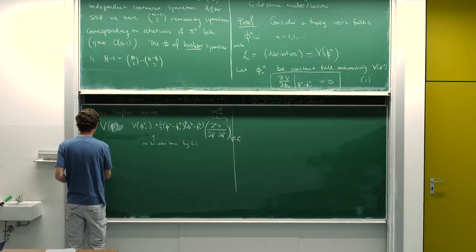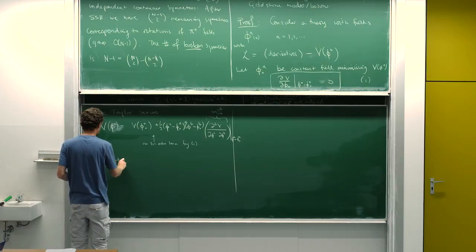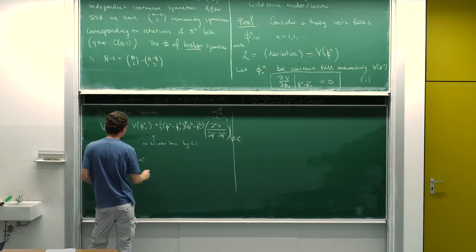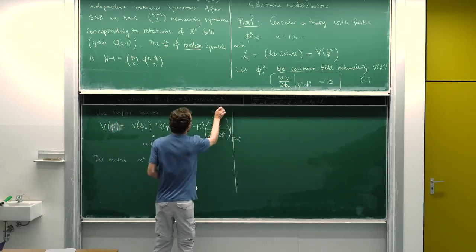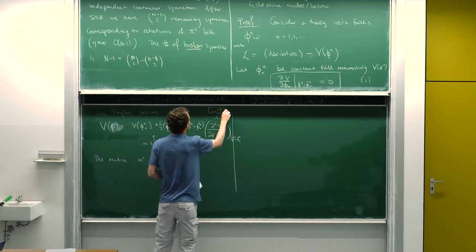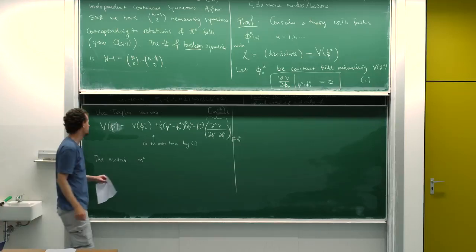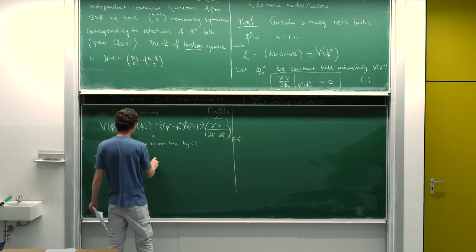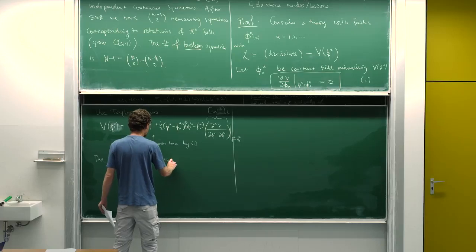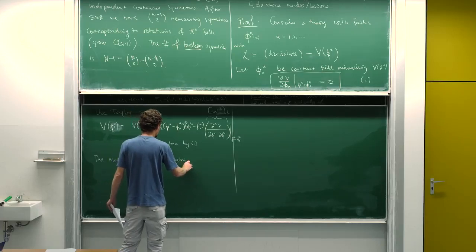I'll be a little bit more pedantic and write them like that. So this matrix M squared is symmetric and real.